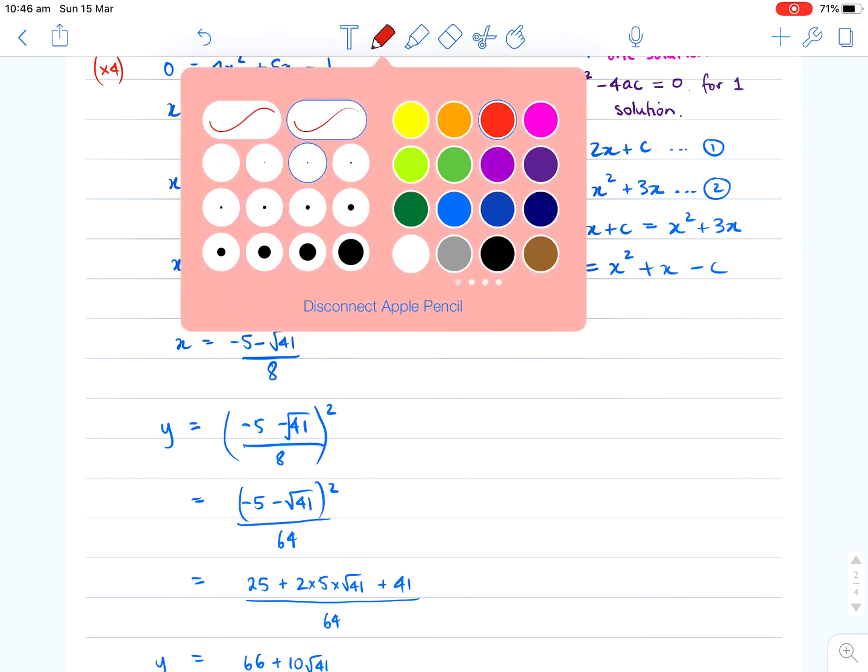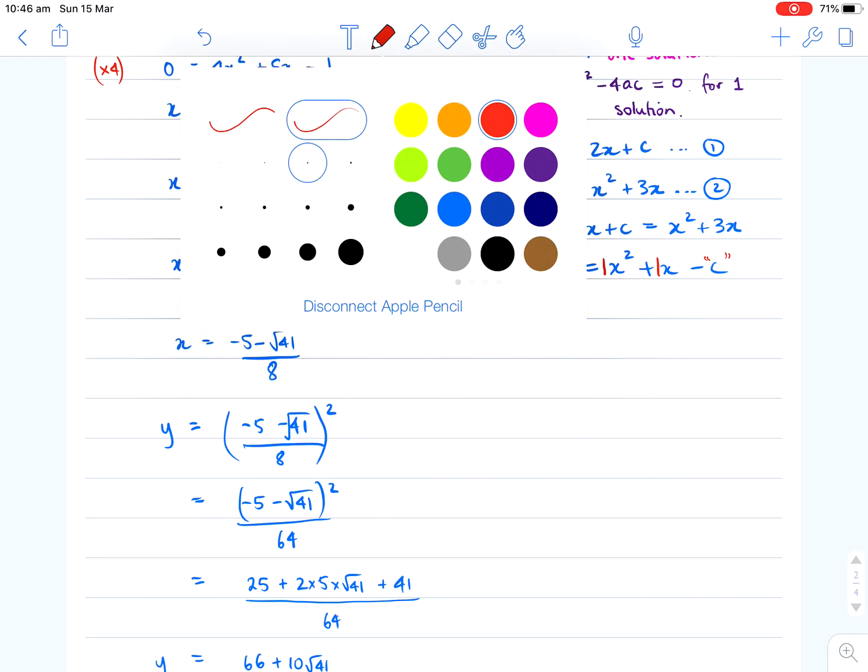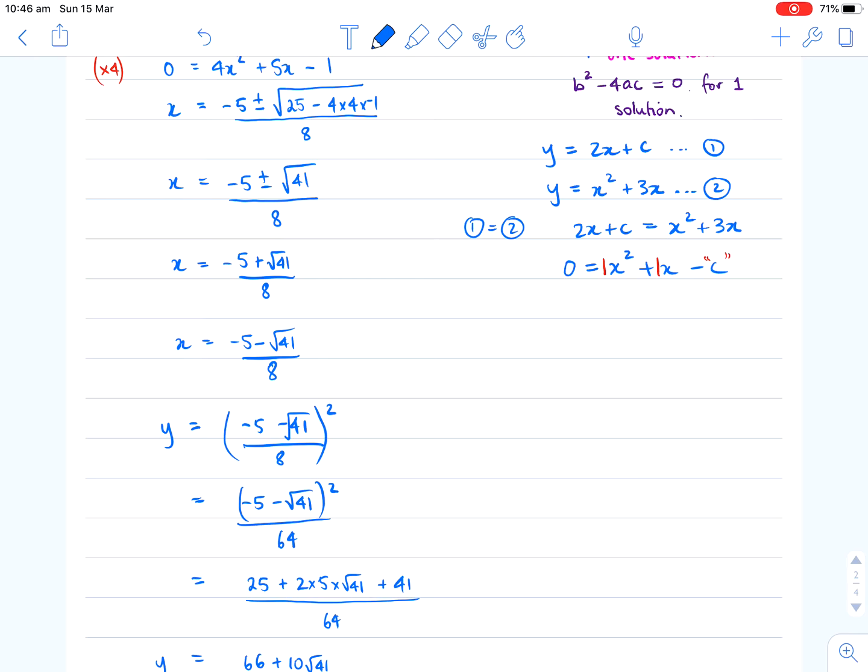We want it to have one solution. Let's write in our coefficients here. And then this is my coefficient for c. The number that I'm going to use is actually just c. So I bring in some algebra. So I want b squared minus 4ac to equal 0. So b is 1, a is 1, and c is -c.